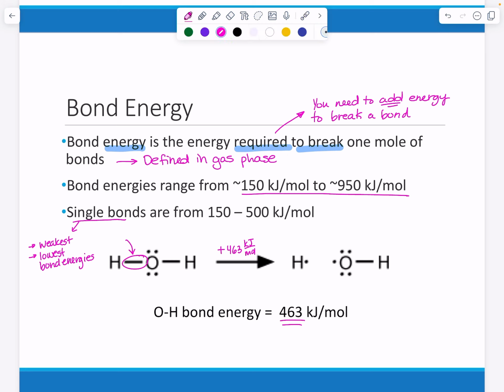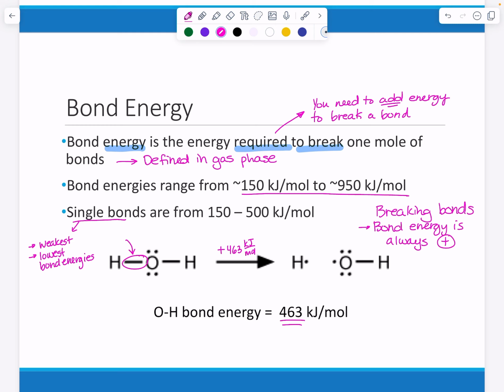Okay, so when we talk about breaking bonds, and we say that you have to put energy in, that means your bond energy is positive. And it's always positive. That means you have to put energy into the system. If it were negative, for example, when you make bonds, that's always a negative bond energy because it releases energy.